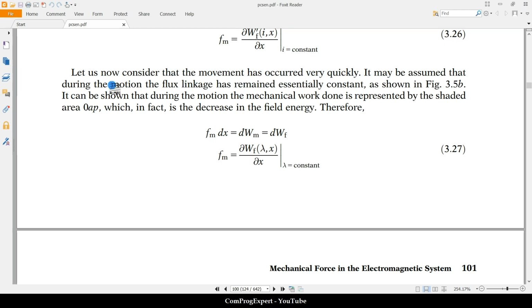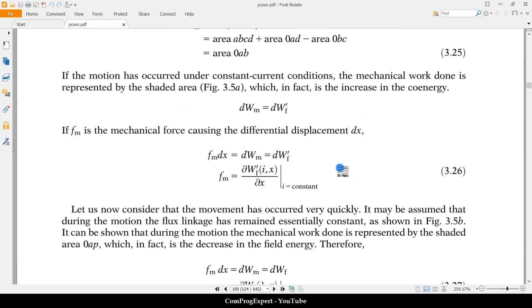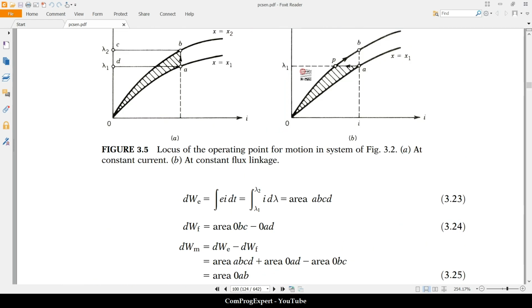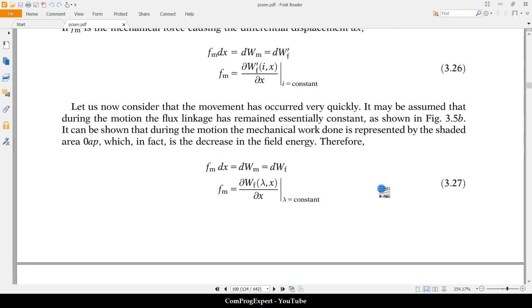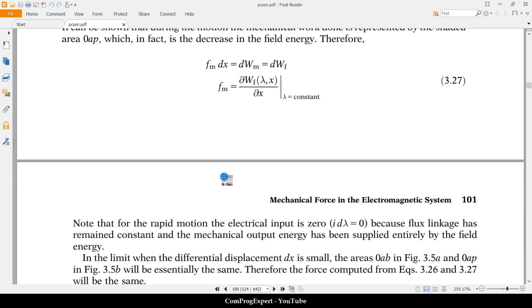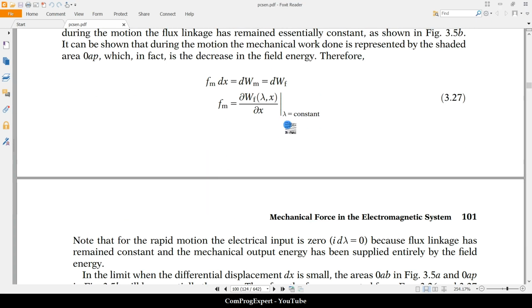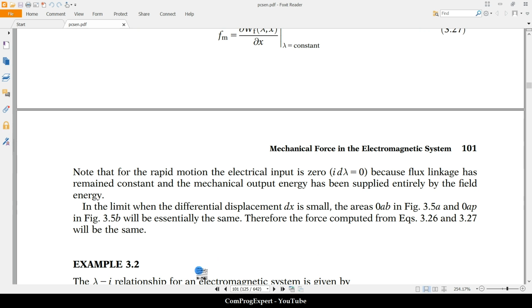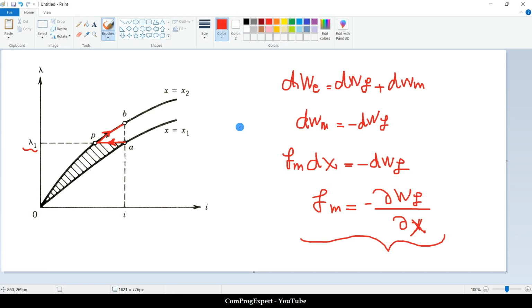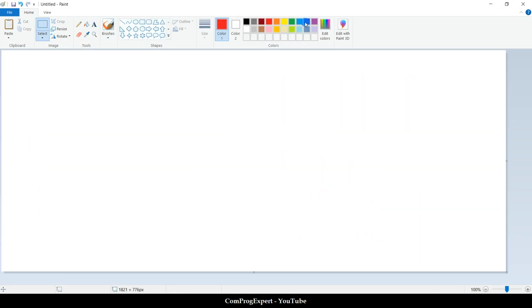It may be assumed that during the motion, the flux linkage has remained essentially constant as shown in this figure, this trajectory. So in this case, we have this equation, and this is the value of the force when the flux linkage is constant.